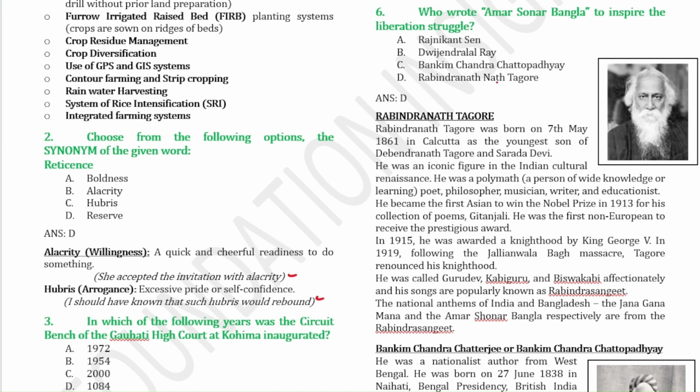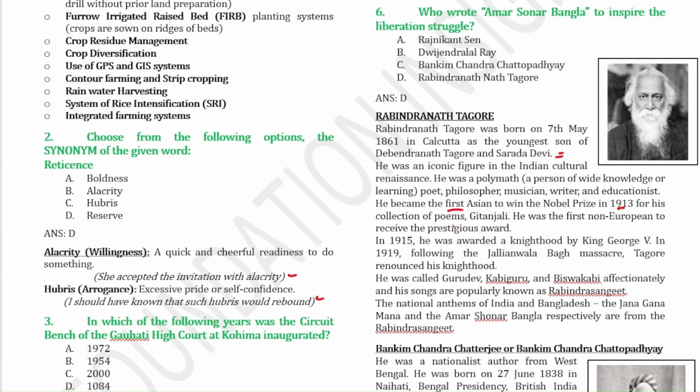We know that Rabindranath Tagore wrote the national anthem both for India and Bangladesh. For India it is Jana Gana Mana, and Amar Sonar Bangla is for Bangladesh. For Rabindranath Tagore, you have to know some points from an exam perspective: he was the first Asian and the first non-European to win the Nobel Prize, in the year 1930.